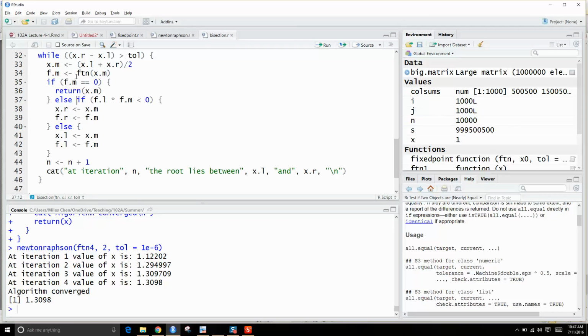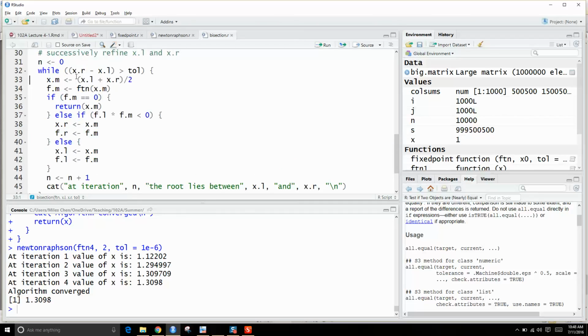And if the function at the left times the function at the midpoint is not less than 0, then the function must have crossed 0 on the right-hand side of the midpoint. So we assign the left-hand side of our boundary, and then we just keep running through the loop again.